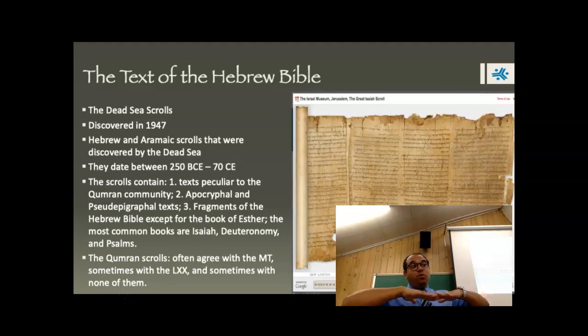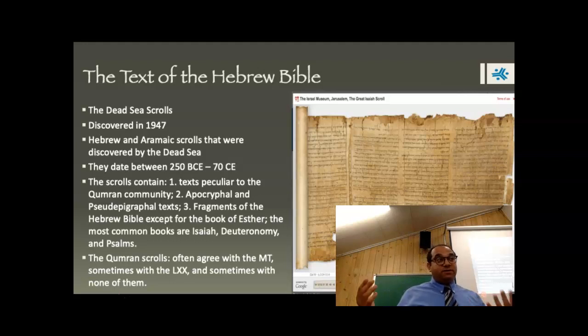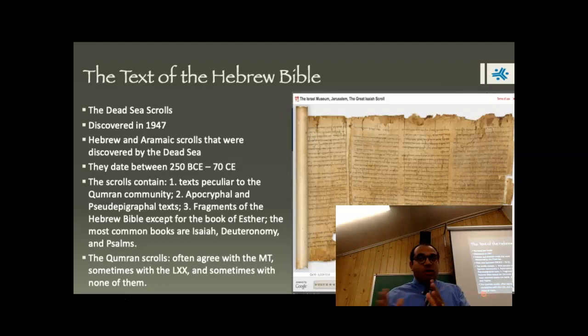So let's differentiate between the formation of the text itself, how the text came to be the text, and the process of canonization, which, as you can see in a little bit when I show the table, was also fluid. Even the Masoretic text or the Septuagint was fluid. In Alexandria, they added books to the Bible beyond the ones that were preserved in the Hebrew canon.